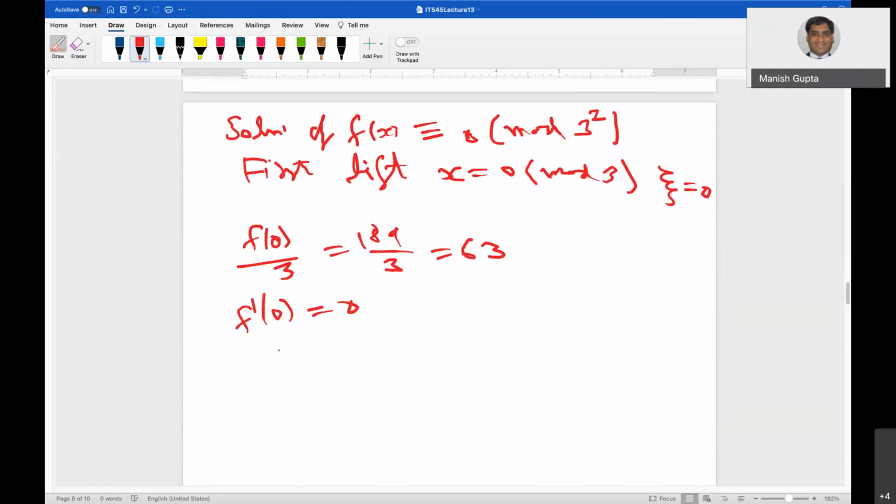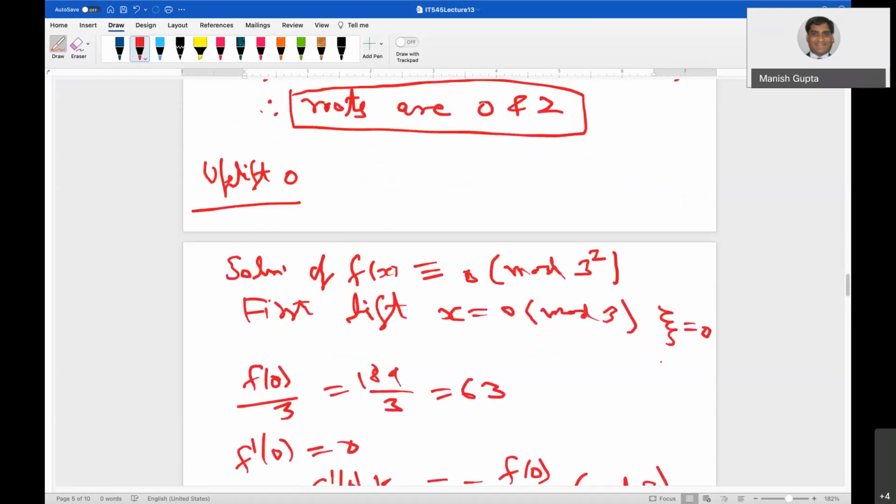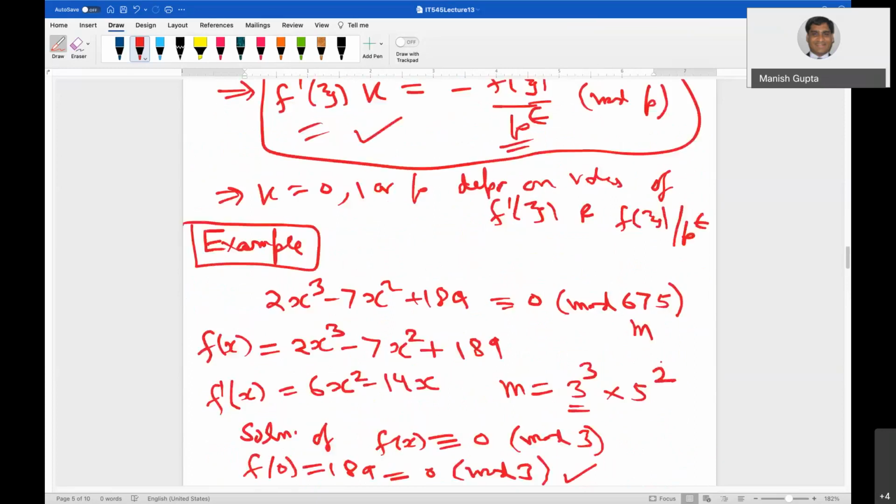So therefore the equation, f dash of 0 times k is equal to minus f of 0 divided by 3 mod 3. p is equal to 3 here, right? This is what is the equation if you look at here, right?